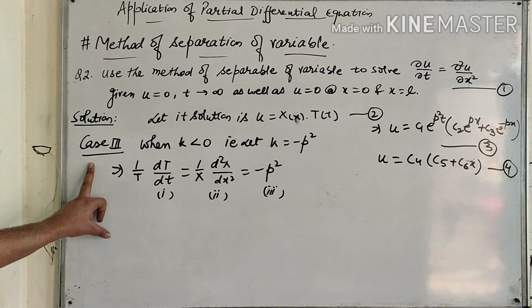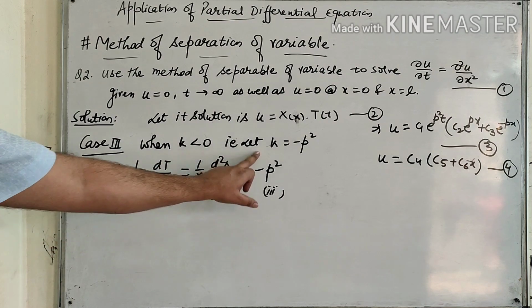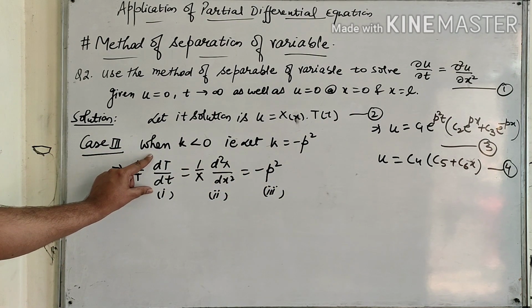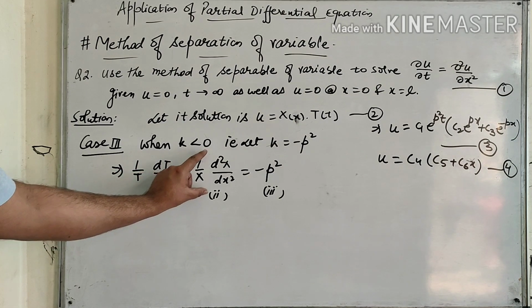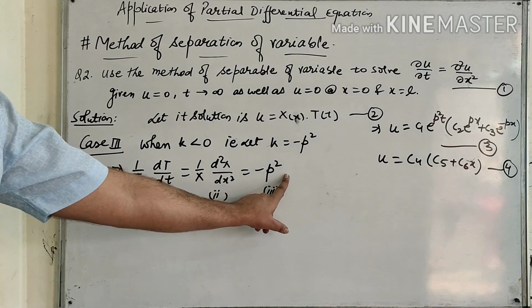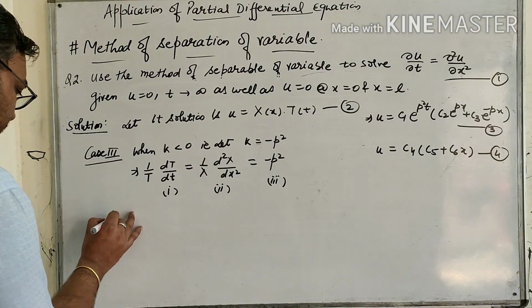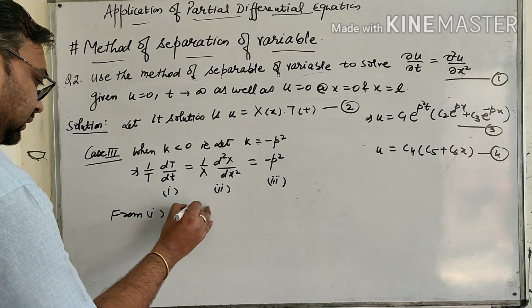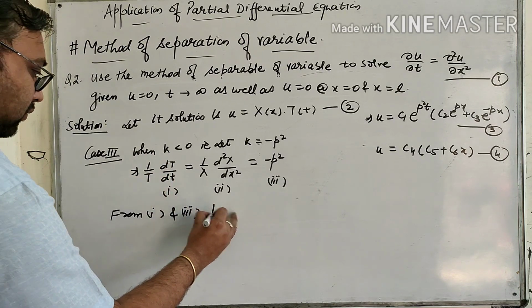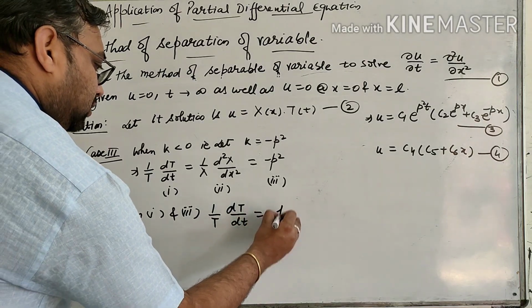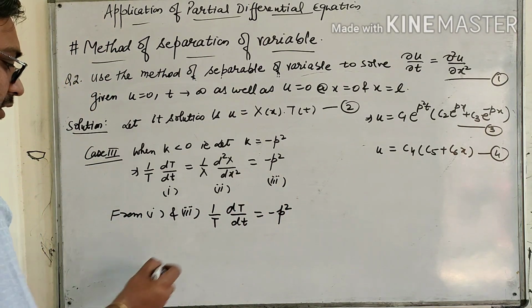Come to the last case, case number 3rd, when k is less than 0, that is let k equals minus p square. So 1 upon T, dT upon dt equals 1 upon X, d2X upon dx square is equals to minus p square. From first and third, 1 upon T, dT upon dt is equals to minus p square.